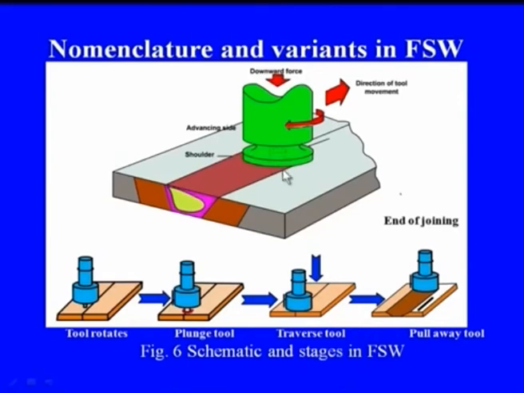Therefore, the material has to be selected accordingly, so that the tool itself does not get softened and deformed while the process is in progress. Otherwise, the very basic intention of attaining the joint will fail. So, these are some of the important aspects of the friction stir welding process.